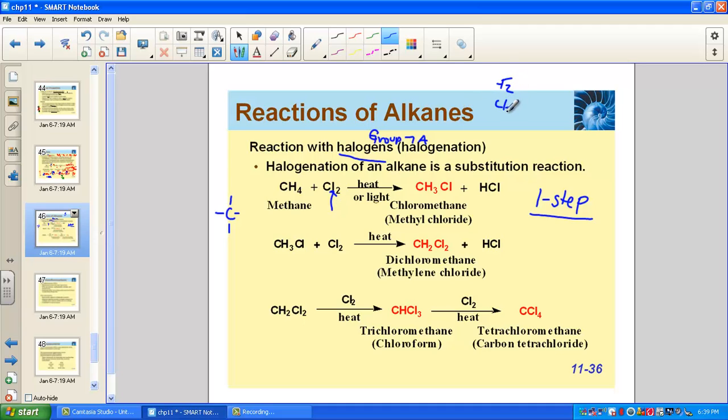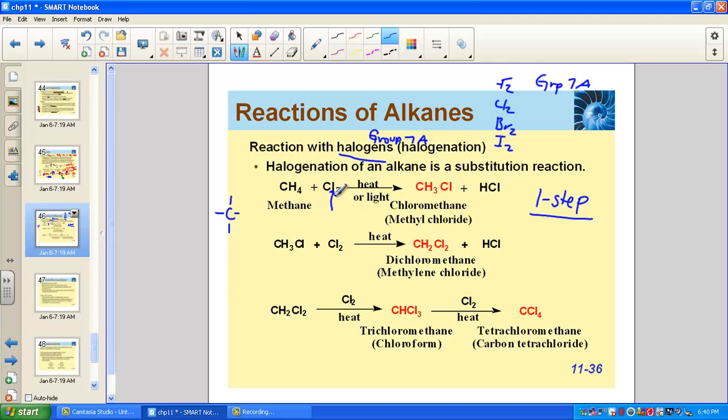Halogens could be fluorine, chlorine, bromine, or iodine. Those elements found in group 7A on your periodic table. All of these collectively are known as the halogen family. Chlorine belongs to the halogen family.